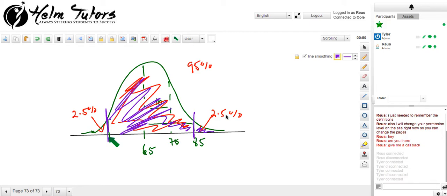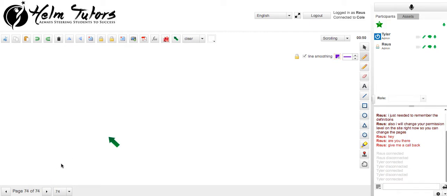So for 15-year-olds, the scores are normally distributed with a mean of 494 and a standard deviation of 92. Make an accurate sketch of the distribution of scores, with the horizontal axis drawn to scale. Okay, so should I draw it on here? Sure, if you want.